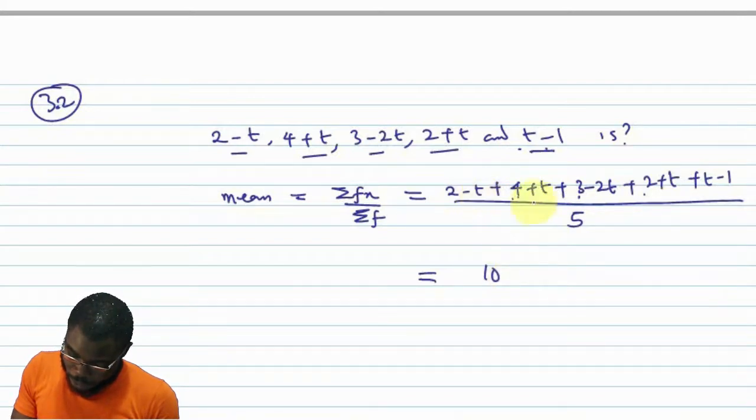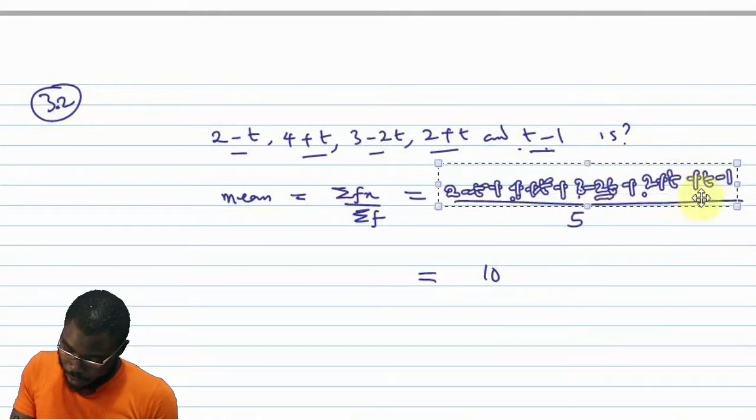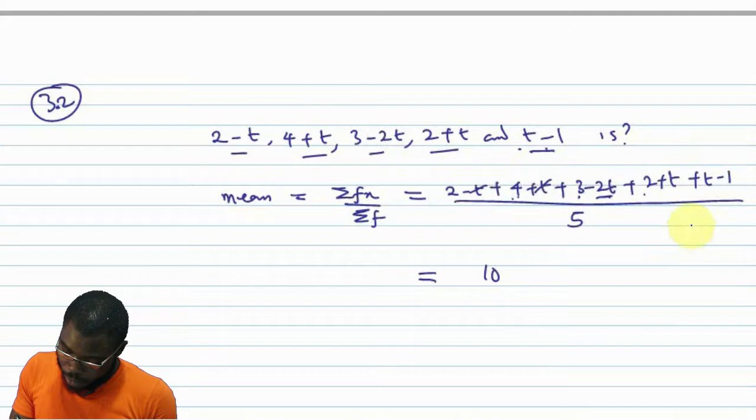Then you have minus t plus t goes away. Then minus 2t plus t, that's minus t, plus another t, that's minus 2t plus 2t, that's 0.